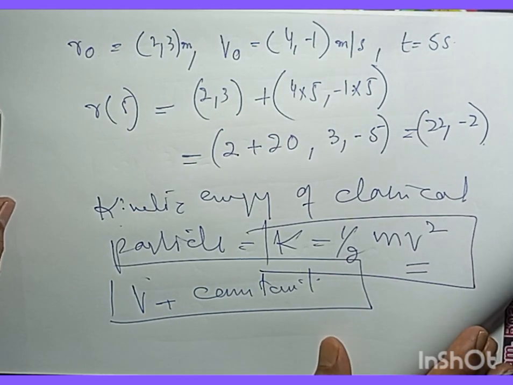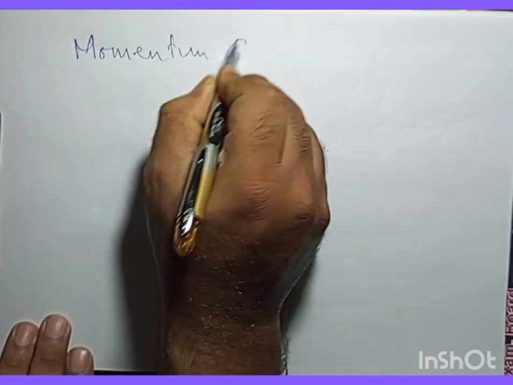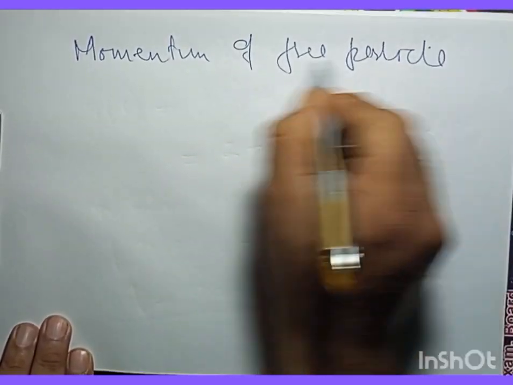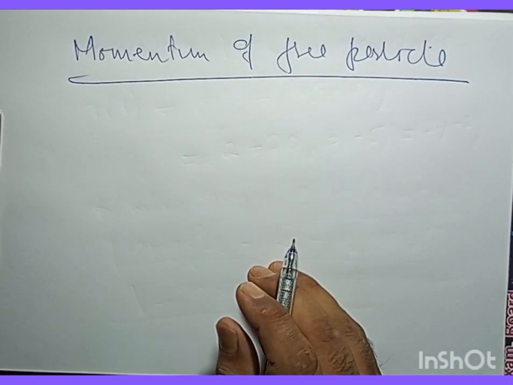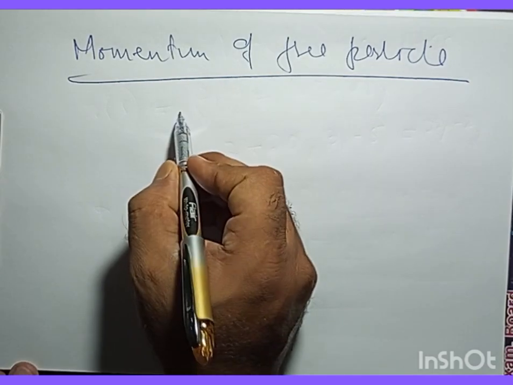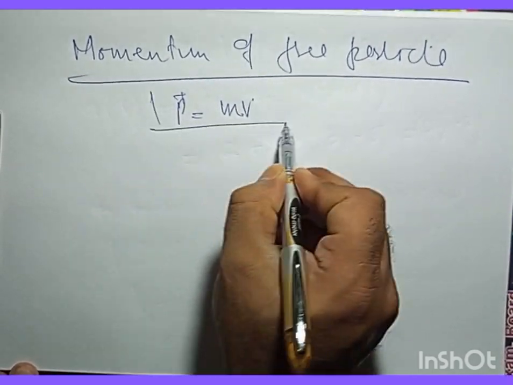The next thing is the momentum of this classical free particle. Momentum is a vector quantity, the product of the mass of the object and the velocity of the object.